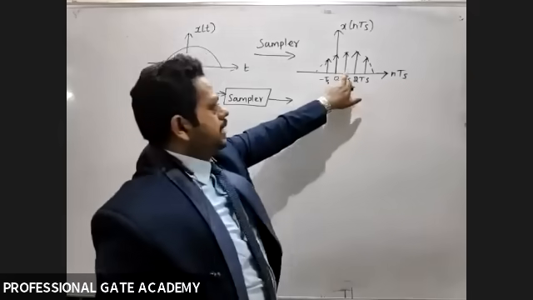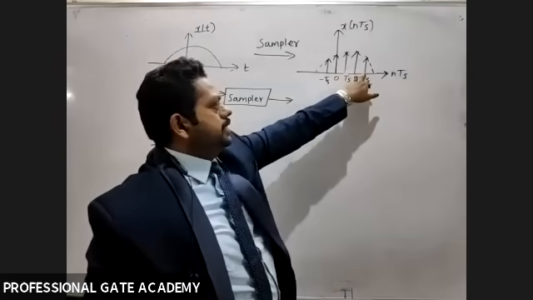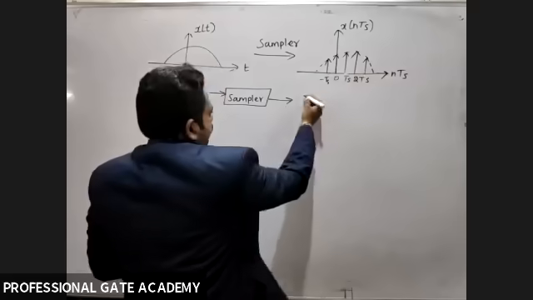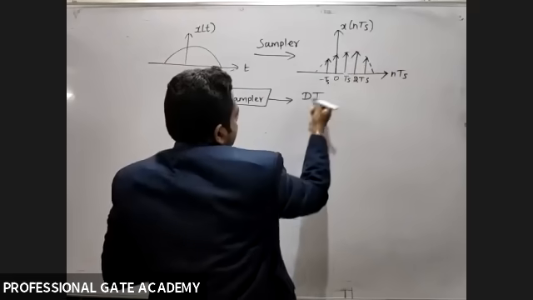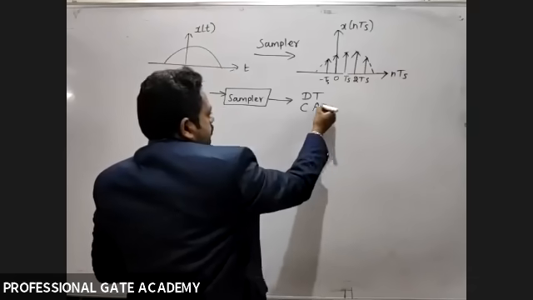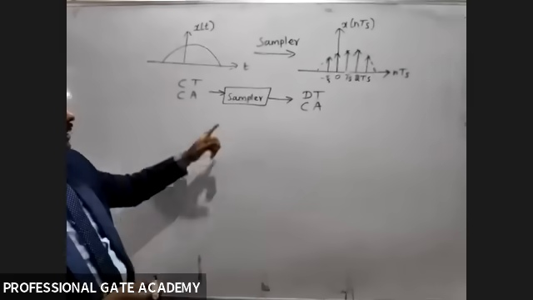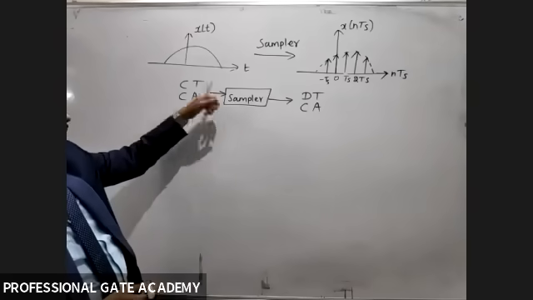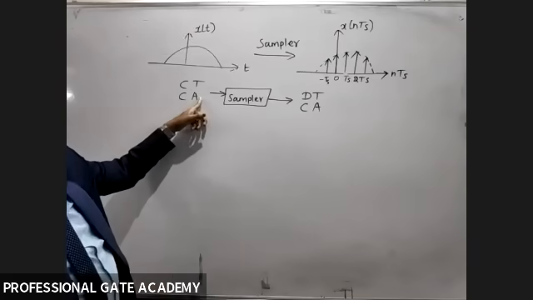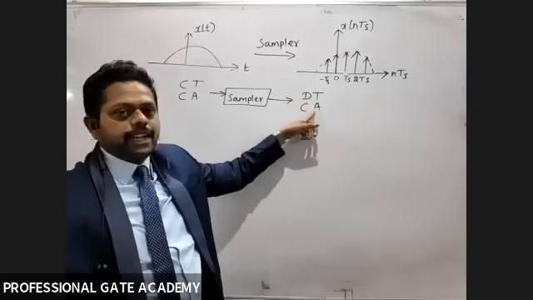At the output, see the time axis: is time continuous or discrete? Discrete. So discrete time, but continuous amplitude. Sampling is the process of converting continuous time, continuous amplitude signals into discrete time, continuous amplitude signals.